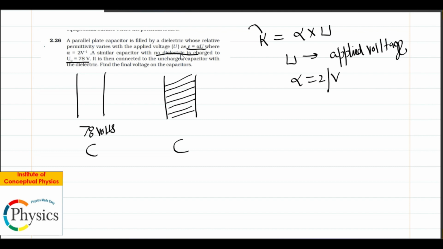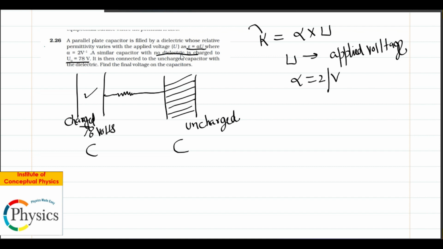After you charge this capacitor, which is capacitor number 2, you connect this to the uncharged capacitor, maybe through some conducting wire so that the charge can flow. And this is uncharged to start with, and this is charged to start with.